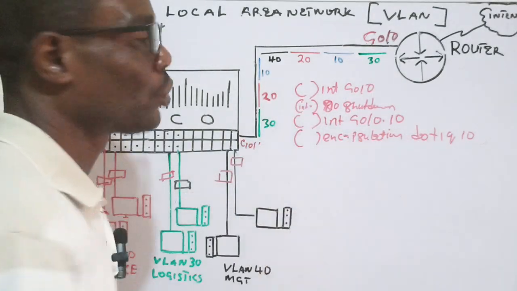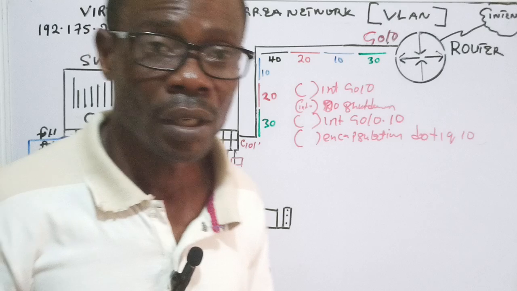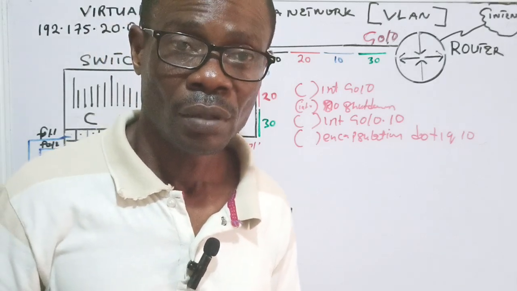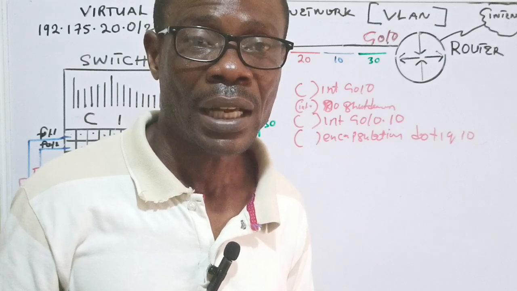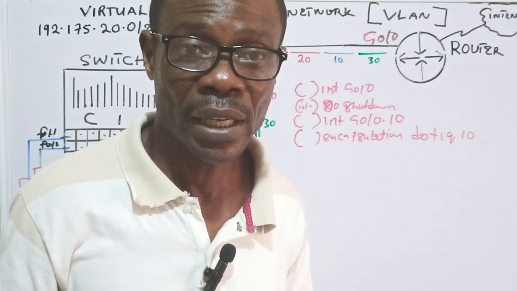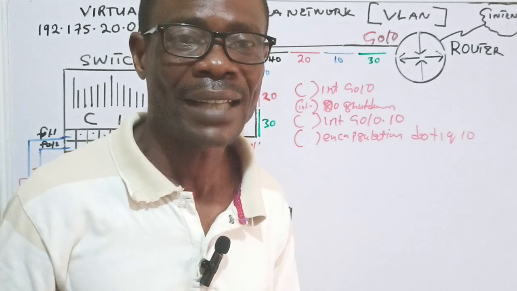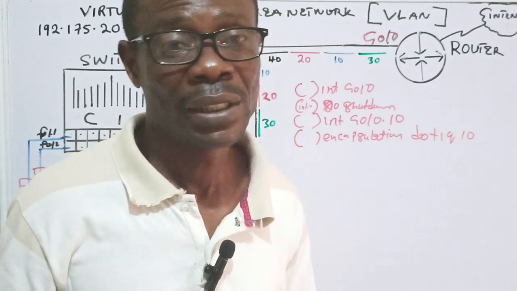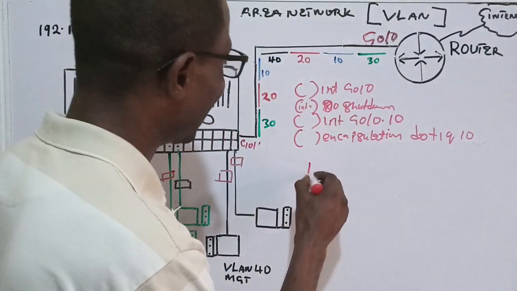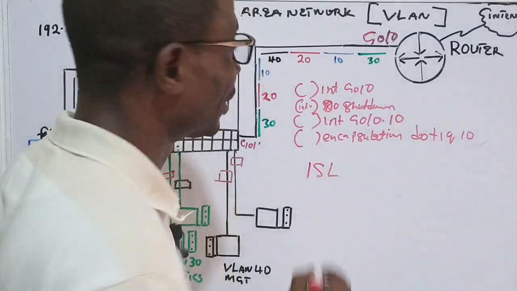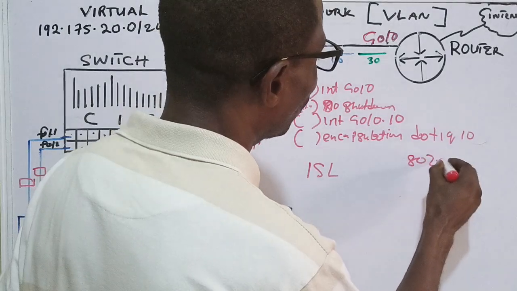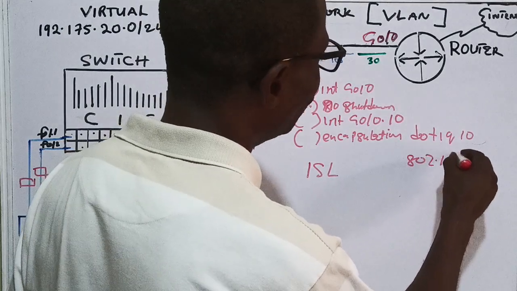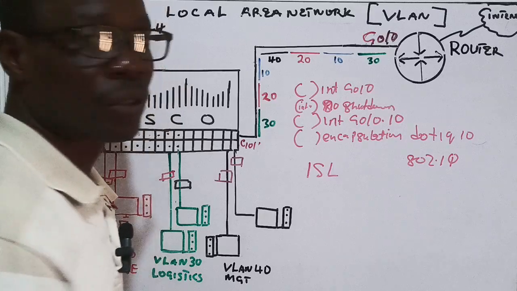This is a trunking protocol, an industry standard designed by the Institute of Electrical and Electronics Engineers. Cisco has their own, called interswitch link, ISL. But this is 802.1Q, designed by the industry standard.